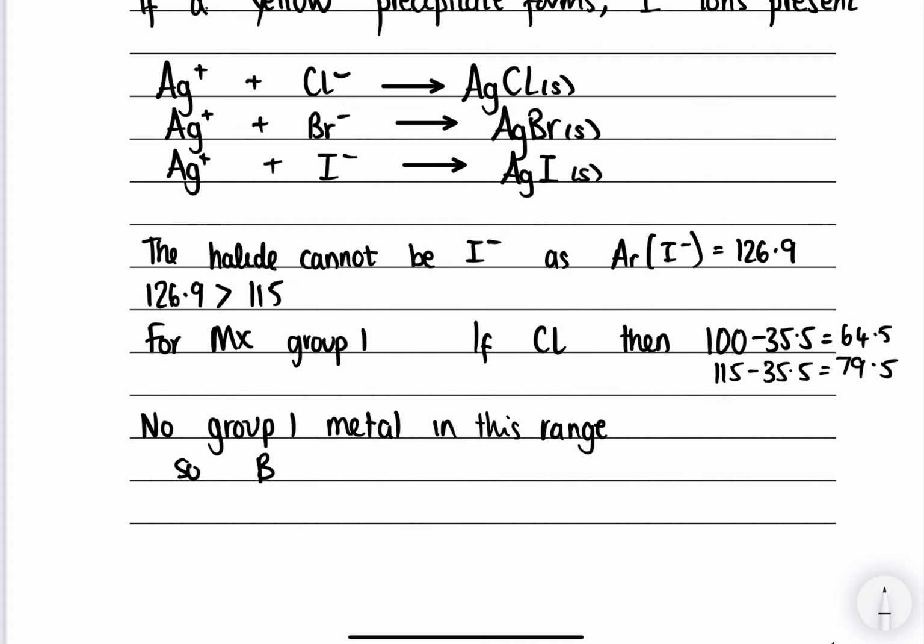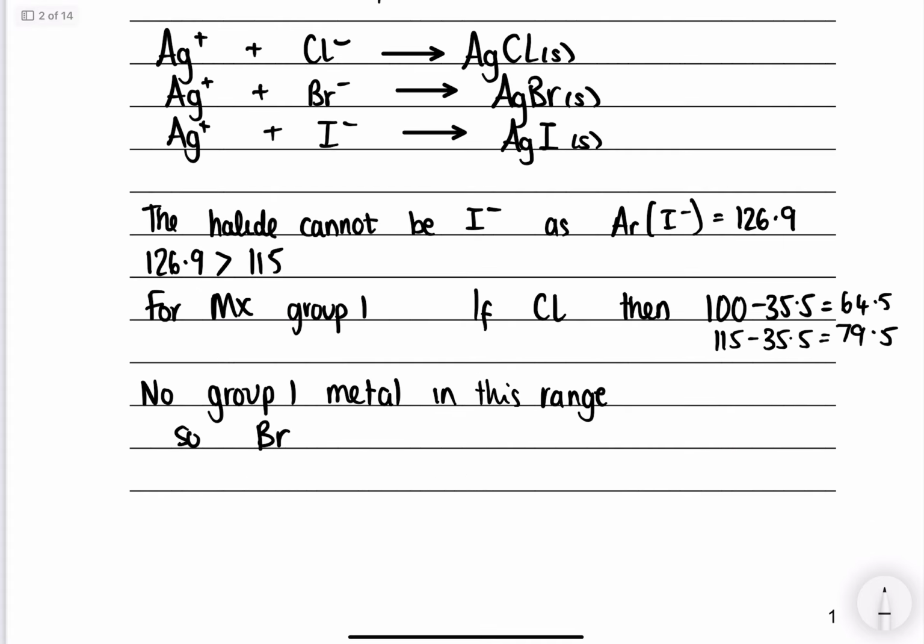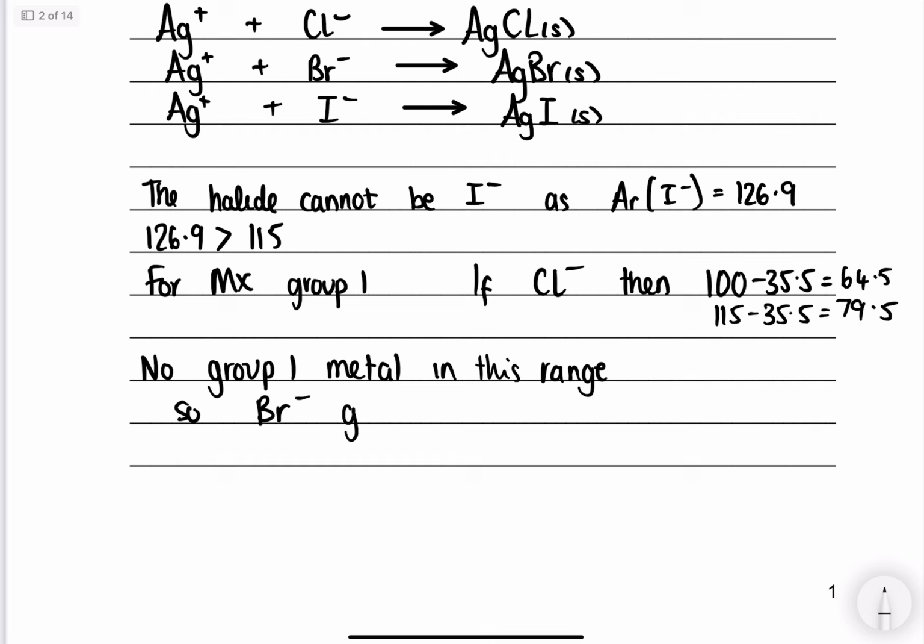So Br minus, this one would be minus 79.9. So 100 minus 79.9 is 20.1, and 115 minus 79.9 equals 35.1.